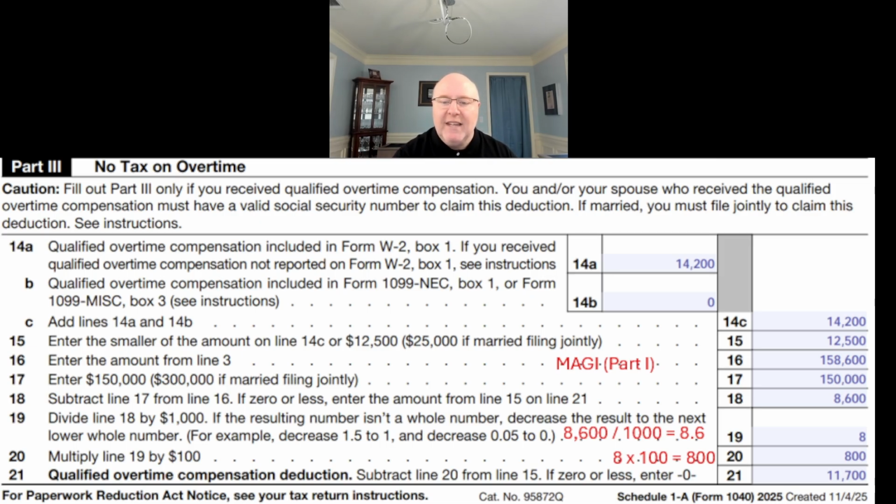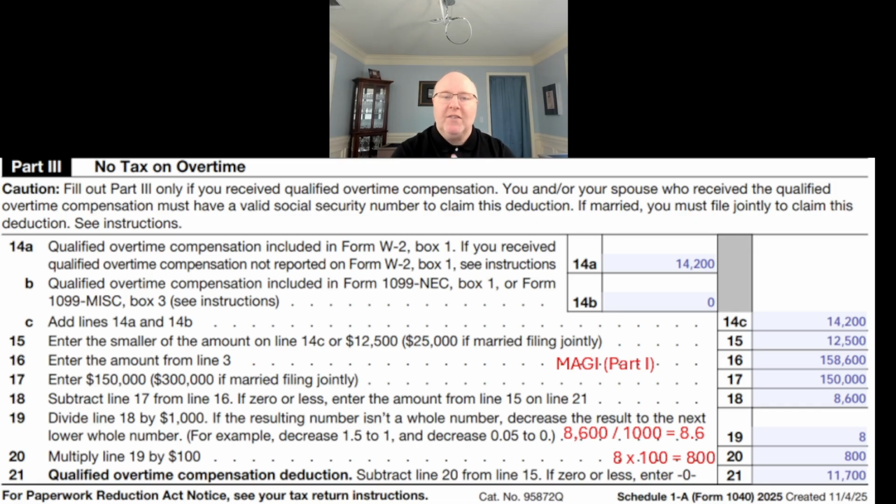In line 16, what we did is we brought our modified adjusted gross income from line 3 in Part 1 of our Schedule 1A. So we had $158,600, but our phase out was $150,000 as shown in line 17. So when we subtract that line 17 from the 16, so $150,000 minus the $158,600, we come out with $8,600.